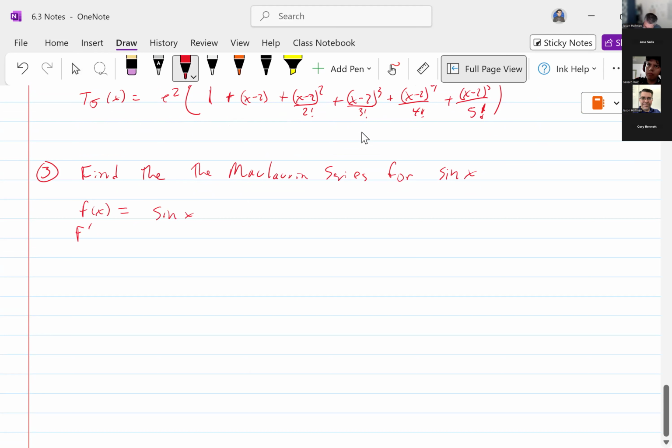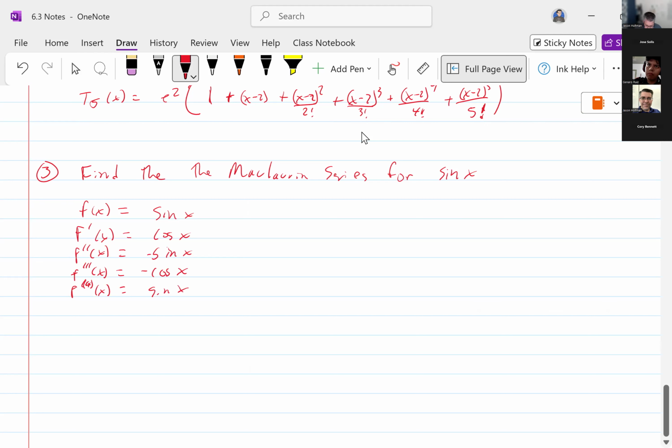The first derivative is equal to cosine x. The second derivative is equal to negative sine x. The third derivative is equal to negative cosine x. The fourth derivative is equal to sine x.